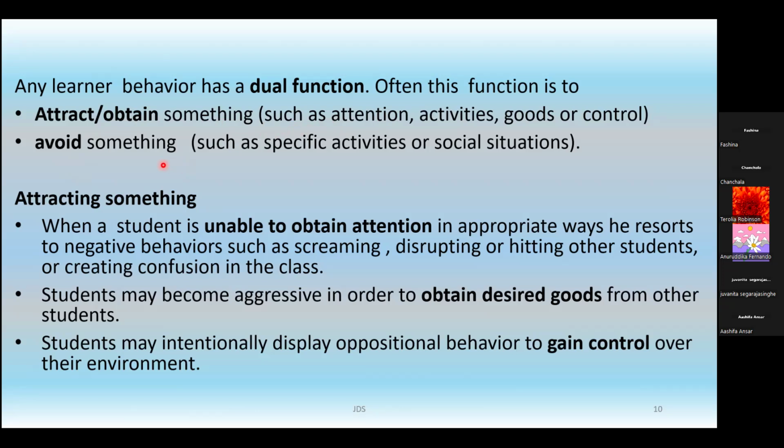It can be an experiment or a map marking task, likewise, right? So in order to avoid something or to attract something or someone, learners behave in a particular manner, right? So that is the basic reason.